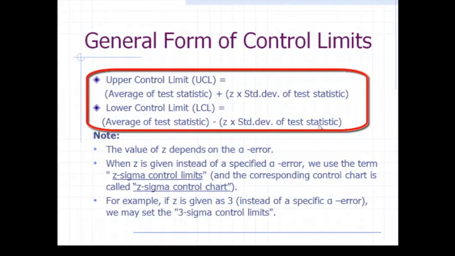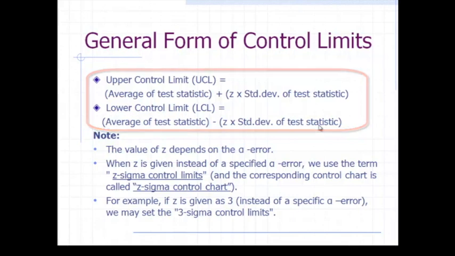The upper control limit is usually the center value, the average of test statistics, plus the z value multiplied by the standard deviation of test statistics. The lower control limit has the average of test statistics as the center line, minus the z value multiplied by the standard deviation of test statistics.